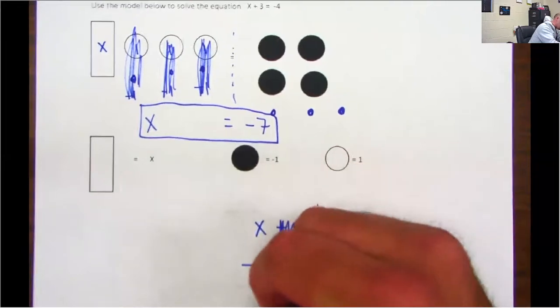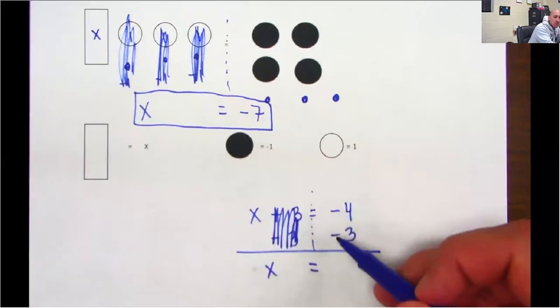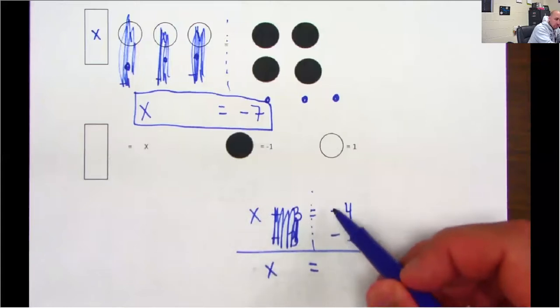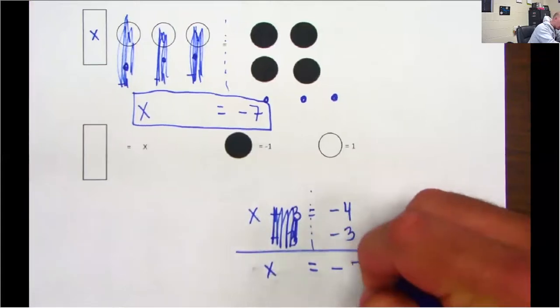It's gone. Now look at here. You see how the signs are the same? This is going back to our integer rules. When adding or subtracting, if the signs are the same, keep the sign, add the numbers.